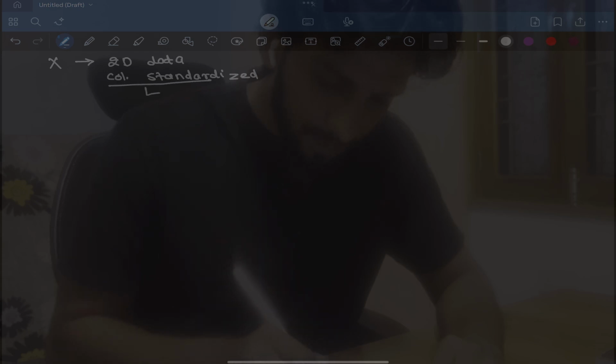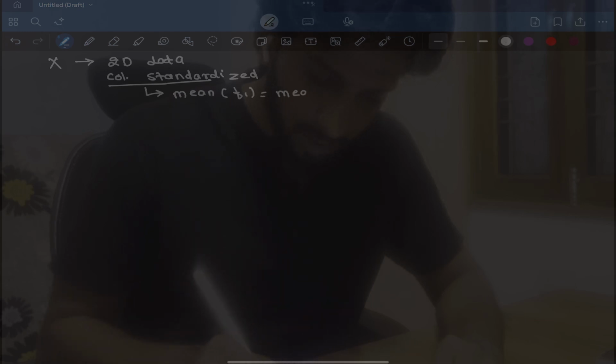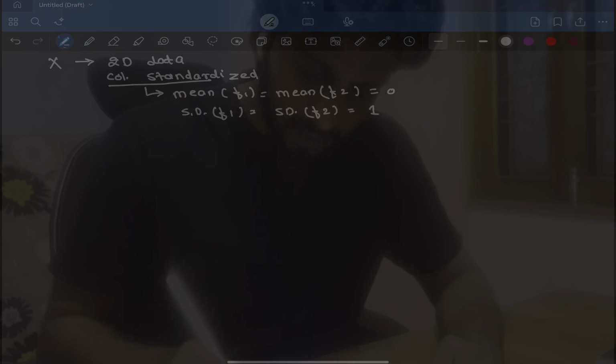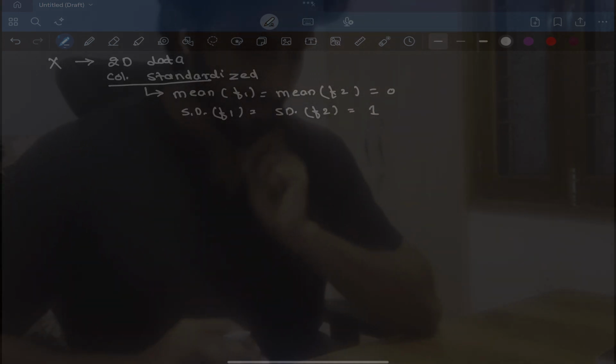Column standardized meaning the mean of feature f1 is equals to mean of feature f2 equals to 0, and standard deviation along f1 is equals to standard deviation along f2 equals to 1, right?